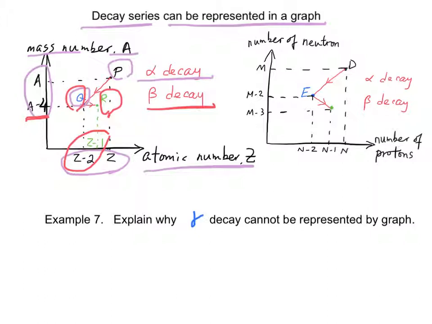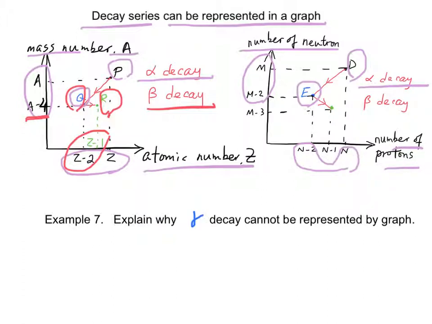Another kind of decay series graph is number of neutrons against number of protons. When a nucleus D decays to form nucleus E with the emission of an alpha particle, the number of neutrons decreases by 2, and the number of protons also decreases by 2.